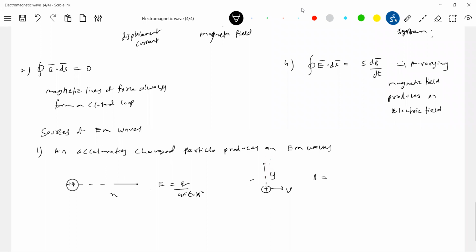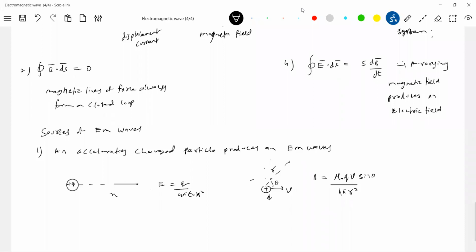The magnetic field is given by mu naught q v by 4 pi r square, times sine theta, where theta is the angle between them. So if a charged particle is having uniform motion, it produces a magnetic field.